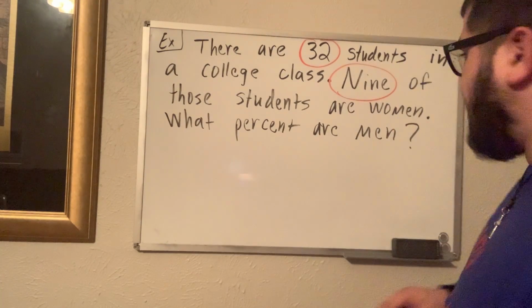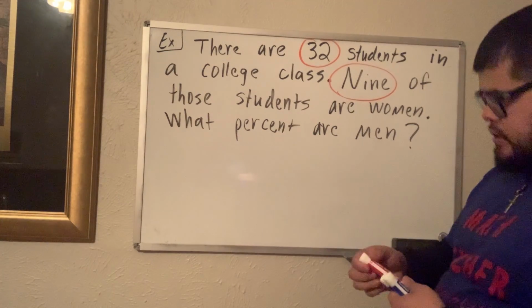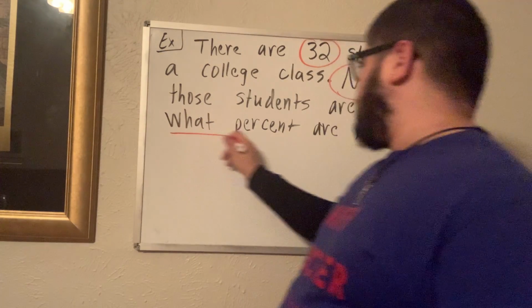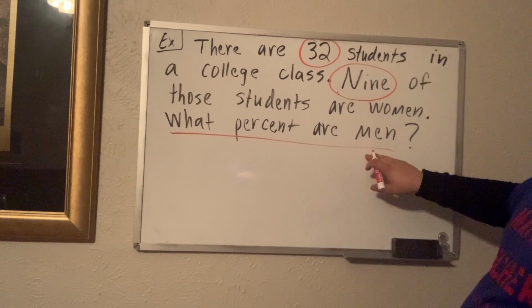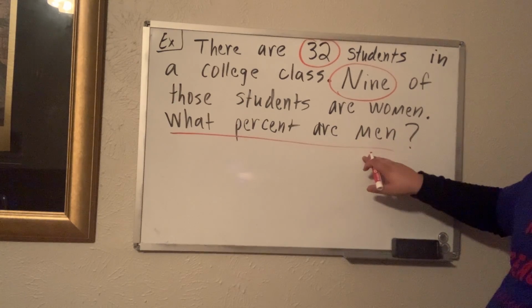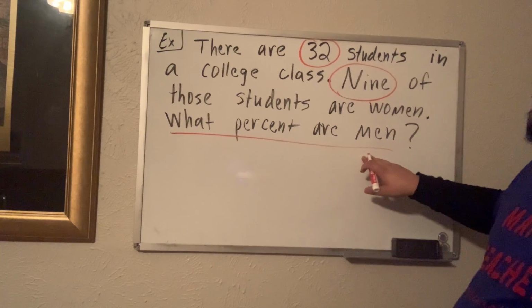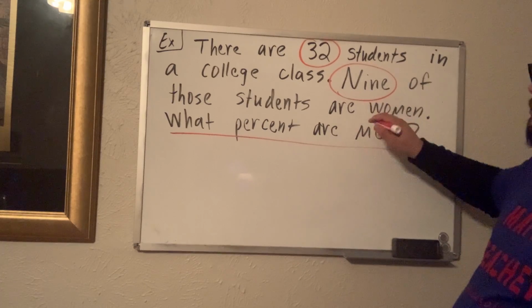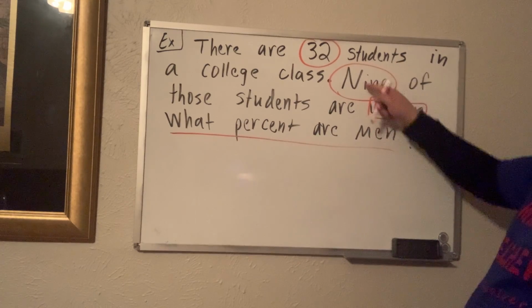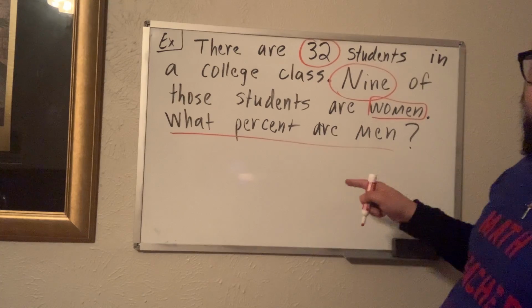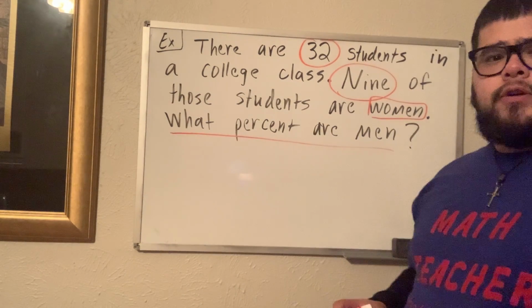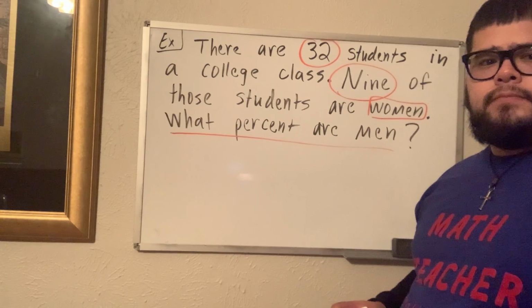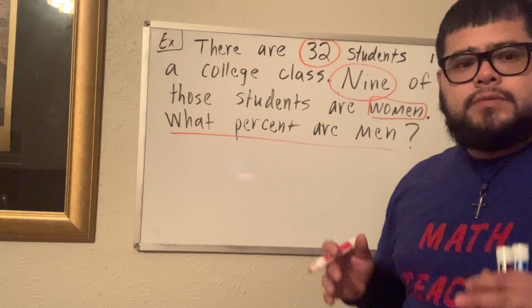All right, so we have to think about what the question is asking us, right? U stands for underline the question. What percent are what? Men. What does the 9 represent? Women, right? And so how do we figure out how many men there are? Subtract, right?